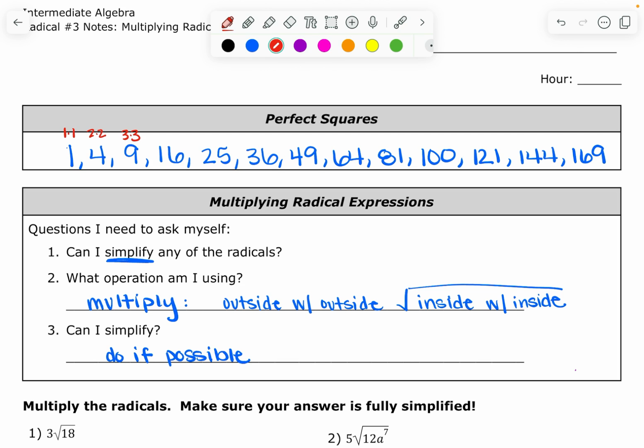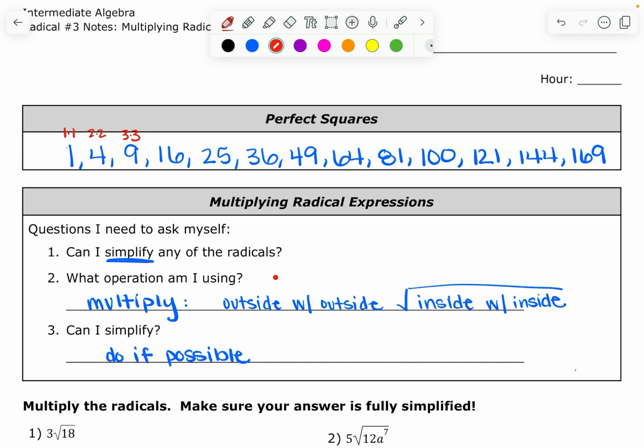Like we always do, we want to make sure that we simplify first. So we're going to simplify any of the radicals, and then we're going to look at what it's asking us. When you see the little dot in between two things, that tells me I'm multiplying. When you're dealing with radicals, you deal with the outside times the outside, and then the inside times the inside.